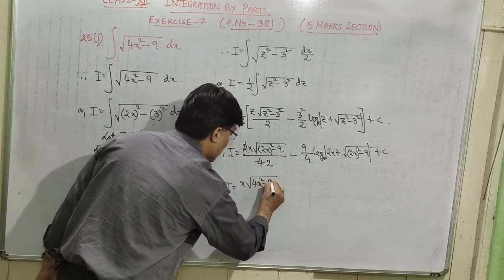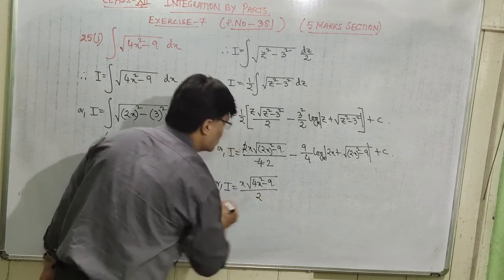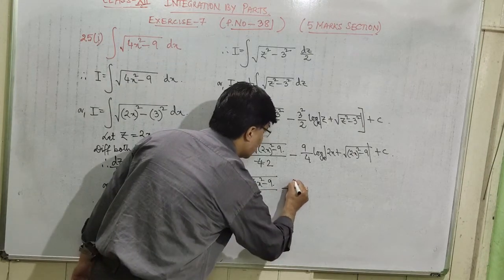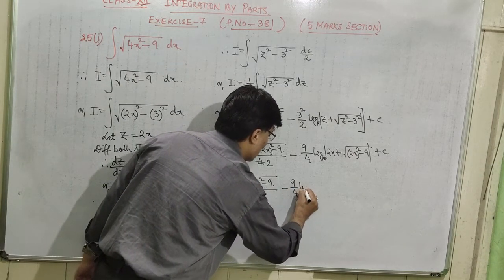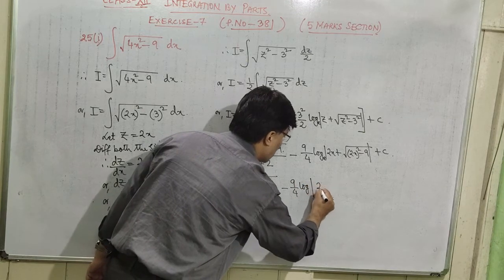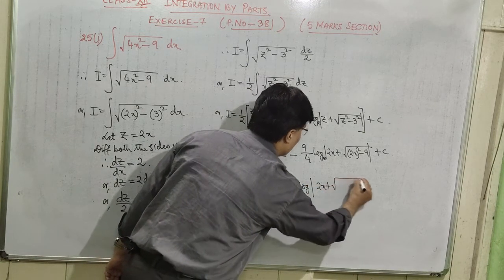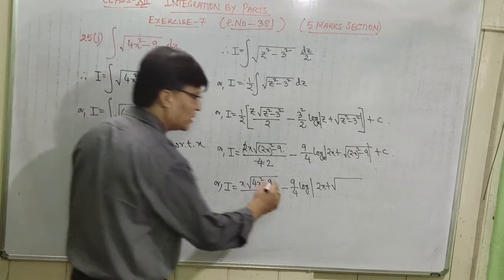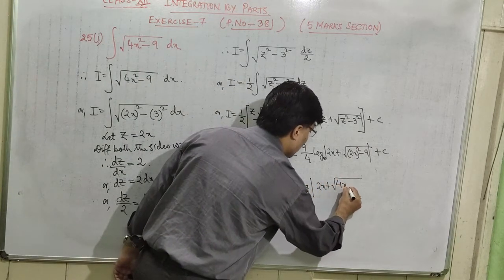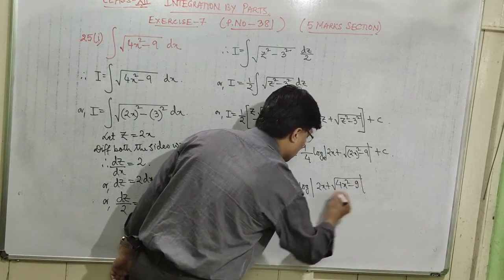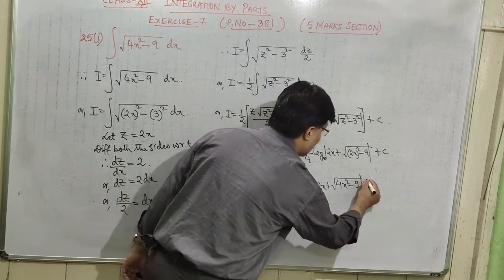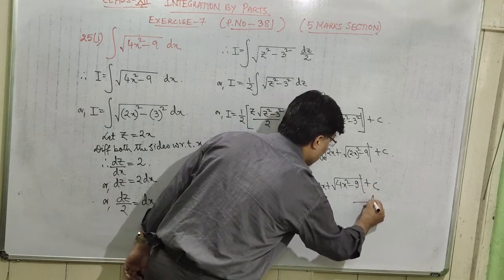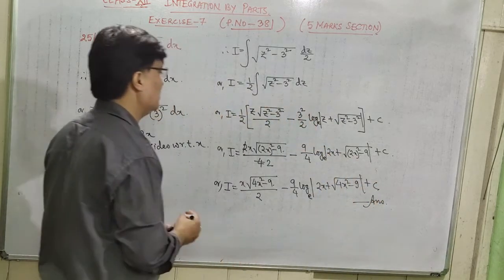It is 4x square minus 9 whole divided by 2. Then minus 9 by 4 log within mod 2x plus root over 2x whole square, that is 4x square minus 9, mod sign closed. The base is e, then plus c. So this is the final answer.